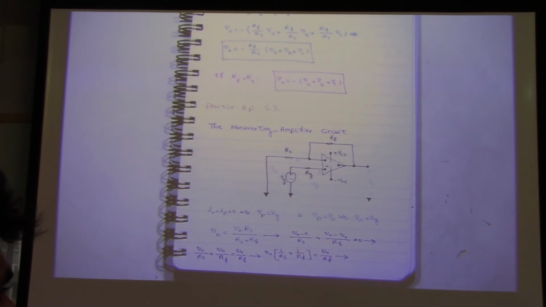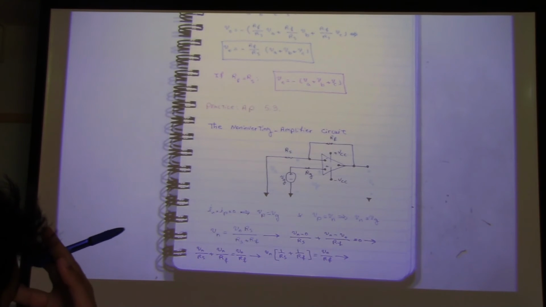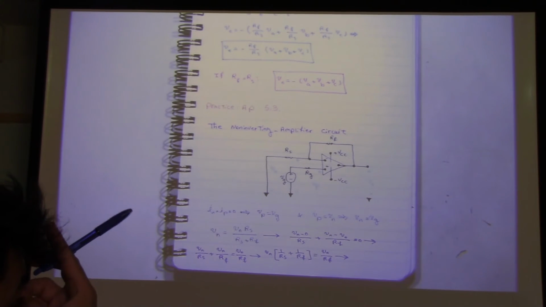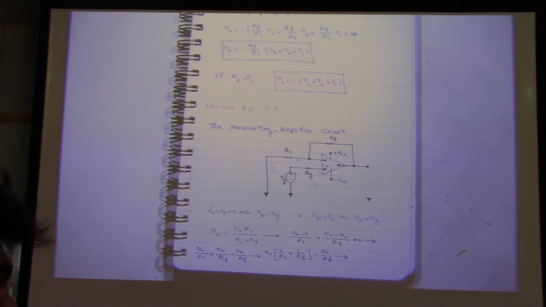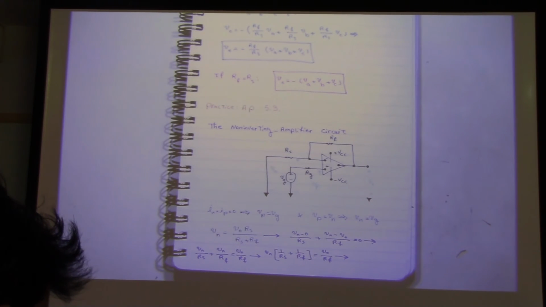Because you say Vo divided by A, Vo divided by A means the magnitude of Vp minus Vn. So the difference is 2 millivolts. But in practice, when we use an op-amp, we use, for example, 2 volts, 3 volts as an input voltage.